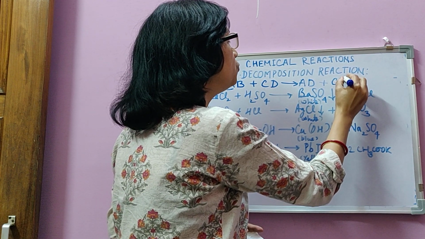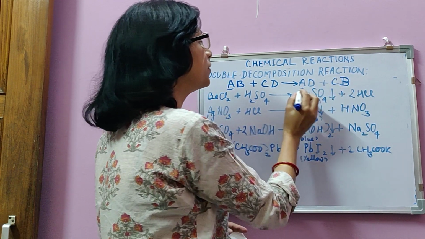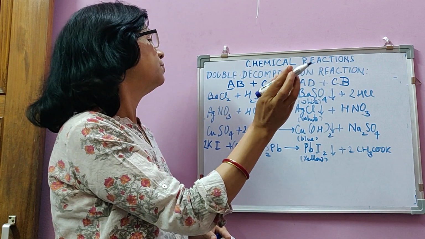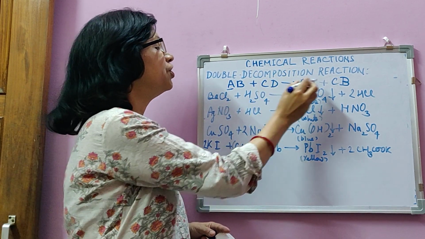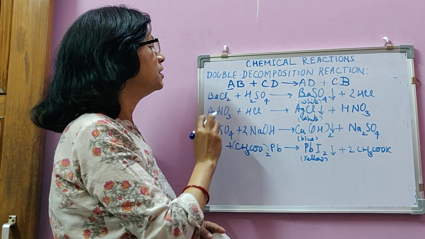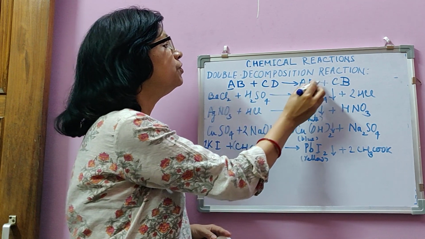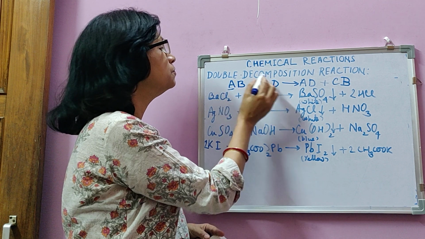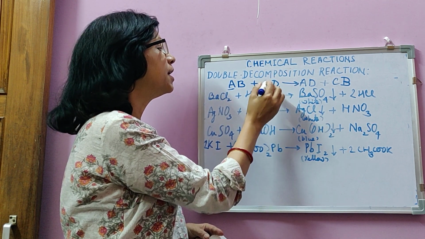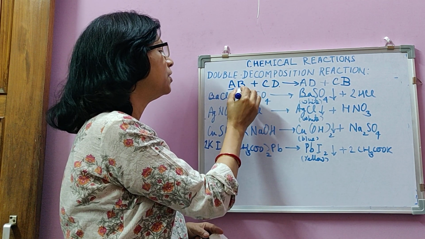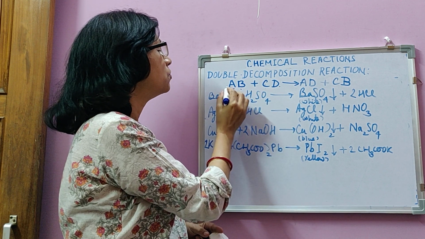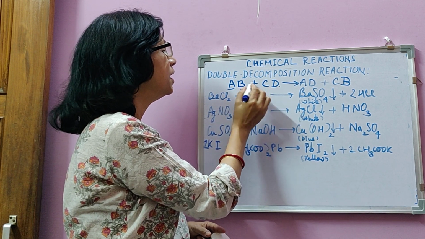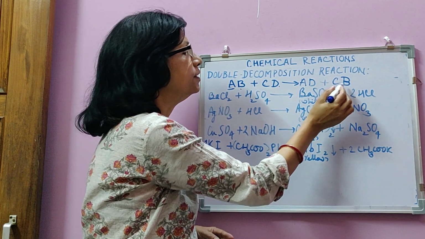So by mutual exchange of cation and anion in aqueous solution, two different compounds are formed. Cation of one goes with anion of the other and cation of the other goes with anion of the first. So the compounds now are AD and CB.